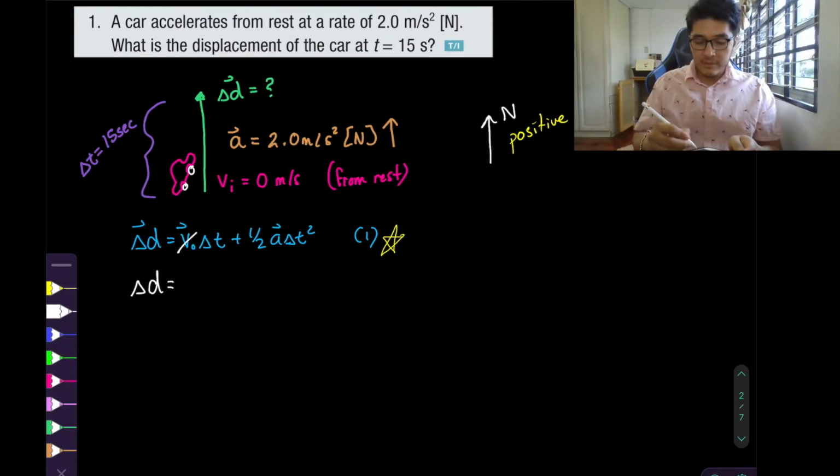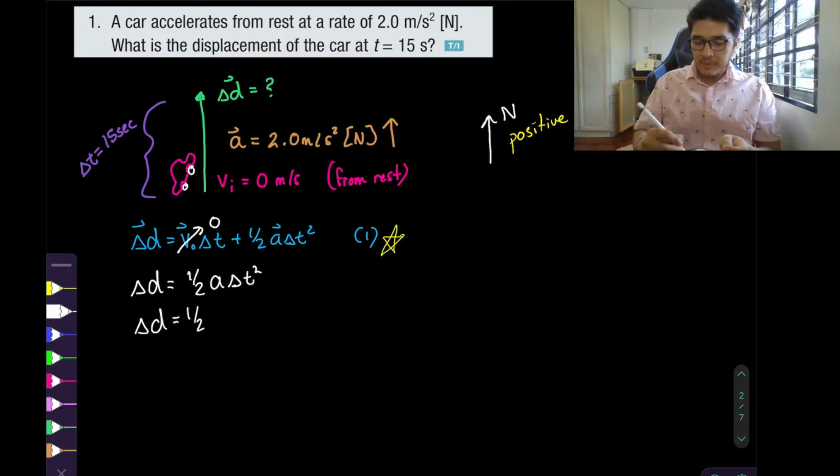Our initial velocity is 0. Our acceleration is pointing up, so we can write that as a positive value, delta t squared.